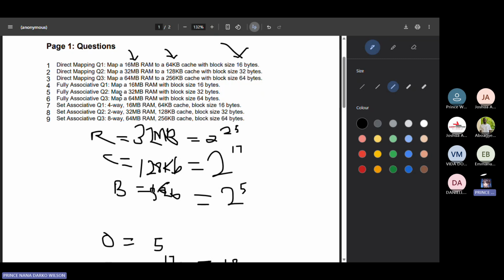So it says we are mapping a 32 megabyte RAM with a block size of 32 bytes, but it doesn't give the cache size. So let's make an assumption, and we can pick any. Let's assume that the cache size is 256 kilobytes. Assuming our cache size is 256 and our block size is this, can you tell me what our tag, index, and offset will be for this data?